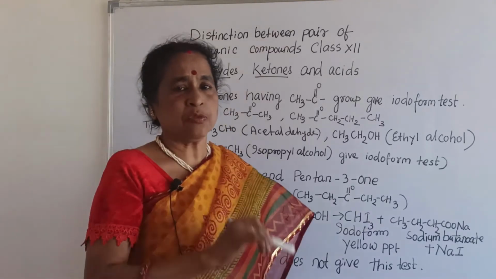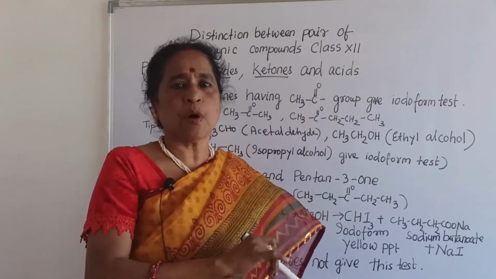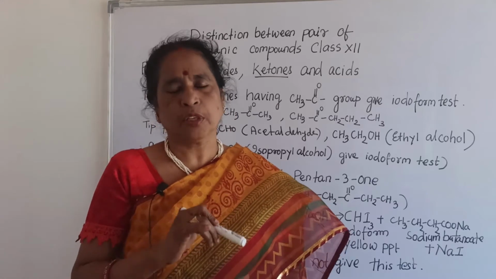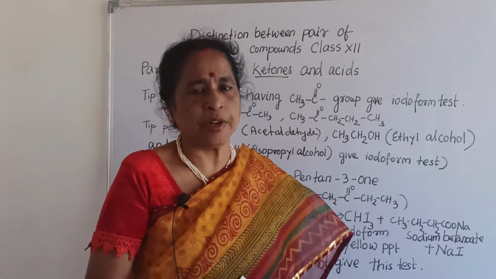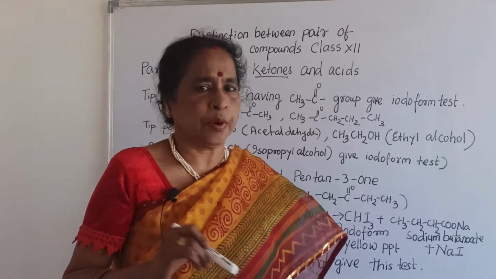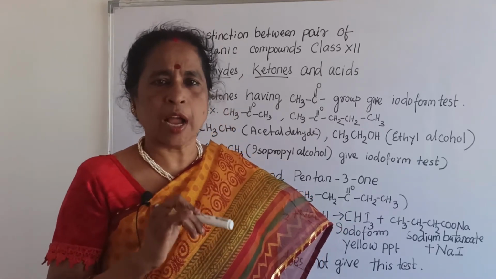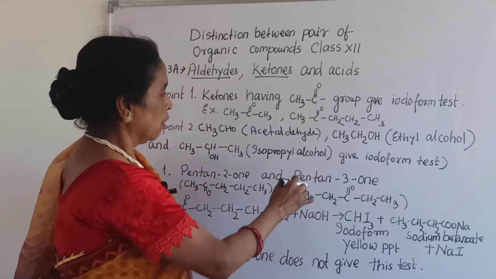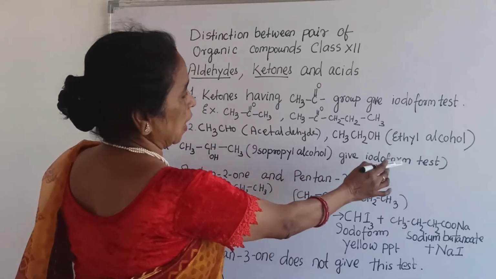So again, see what the iodoform test is: when an organic compound reacts with sodium hydroxide and iodine, it forms iodoform and other byproducts. What is the formula of iodoform? CHI3.